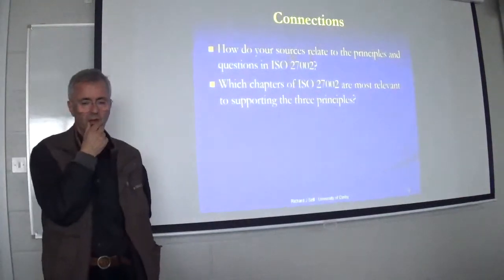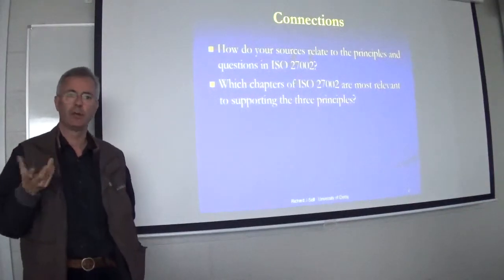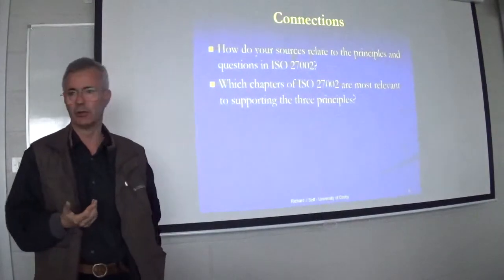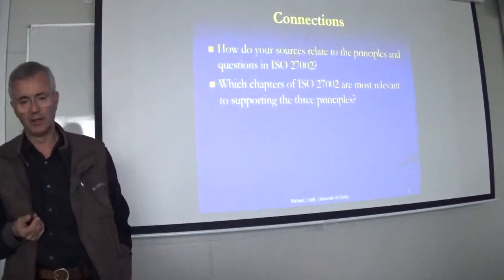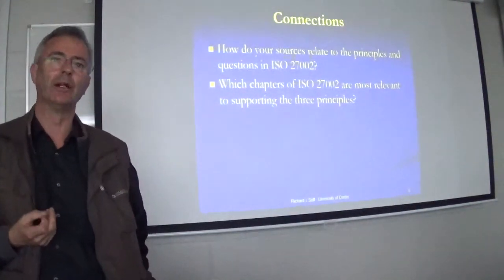And then I also want you to pick up ISO 27002, and you can get that through the British Standards Online link in the journals, the electronic journals area. And you will need a copy of ISO 27002 available to you all the time.